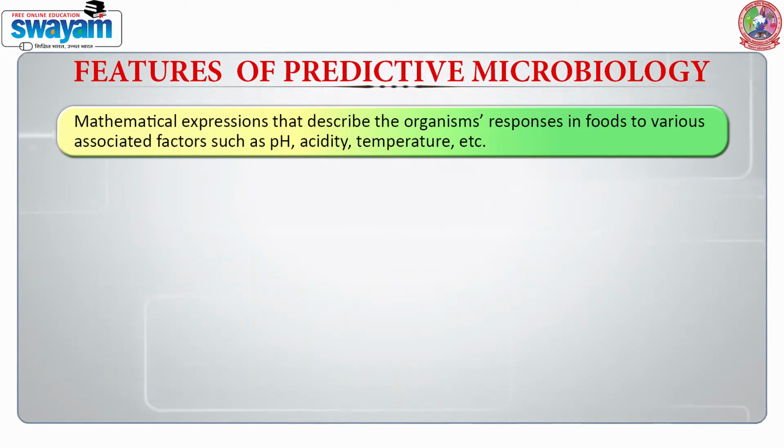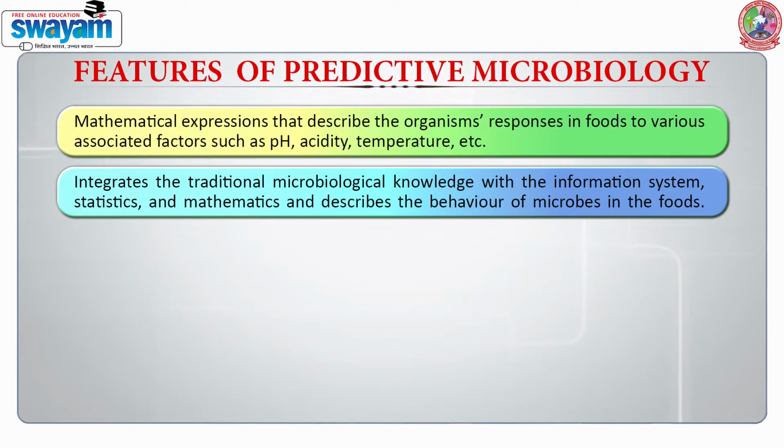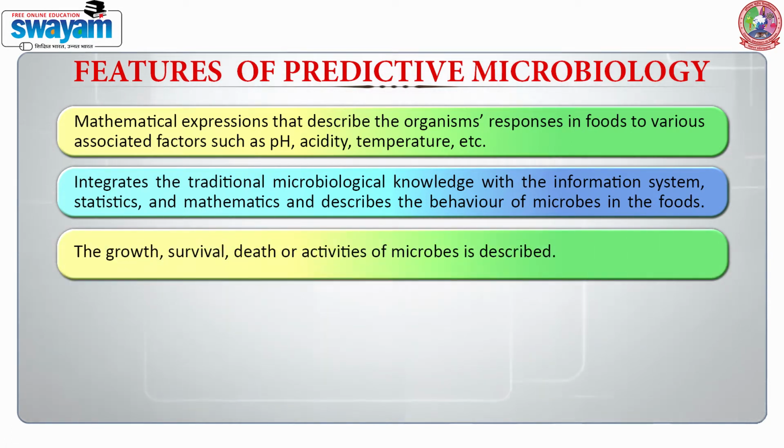Predictive microbiology is a branch of microbiology which is integrating the traditional knowledge with information systems, stats, and mathematics, and it is describing the behavior of microbes in the food. When we talk about the behavior of the microbes in food, we are talking about factors such as the growth, survival, death or activities of microbes.